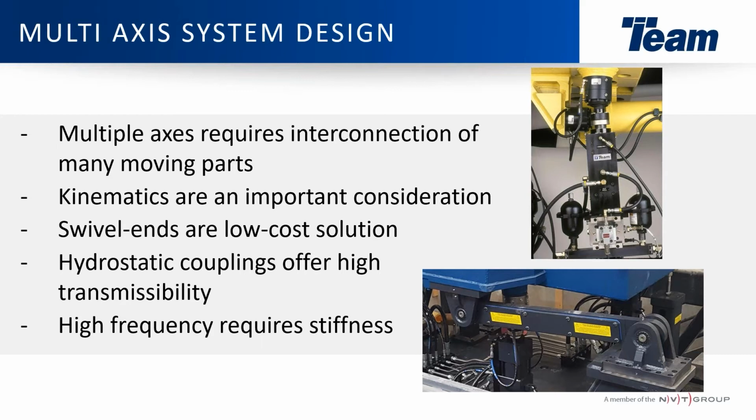Instead of one actuator moving in a single degree of freedom, you have a minimum of 6 actuators all moving simultaneously together to produce the response that's desired. Doing that presents a lot of solutions from the kinematics standpoint.